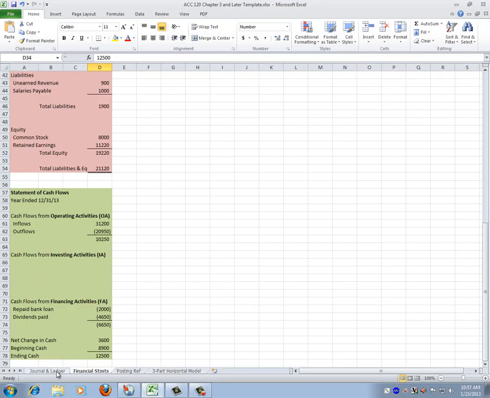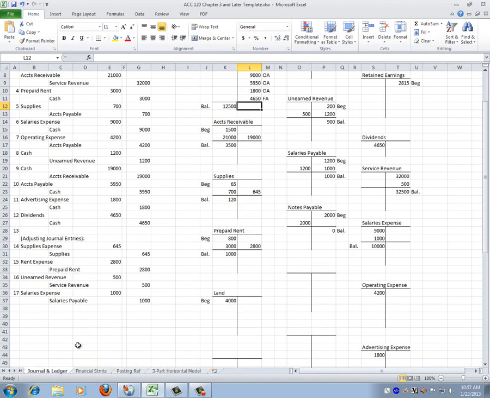Requirement E is to journalize and post the closing entries. Well, we always start in the journal, our book of original entry. Closing entries we don't do until after we're done with the financial statements, but then we can close the temporary accounts, all revenue, expense, and the dividends temporary account.